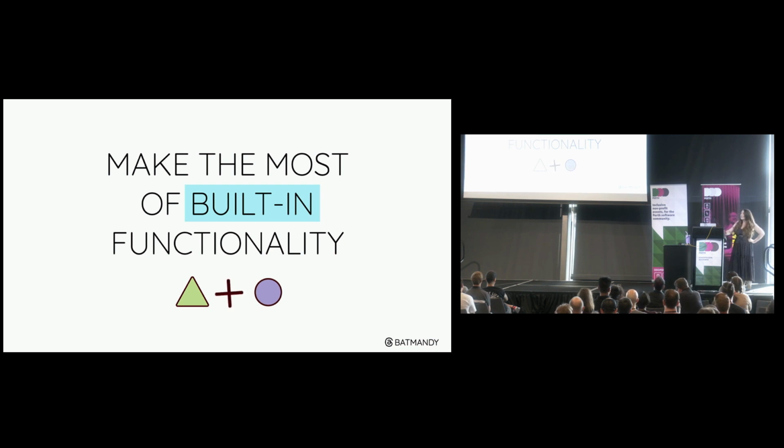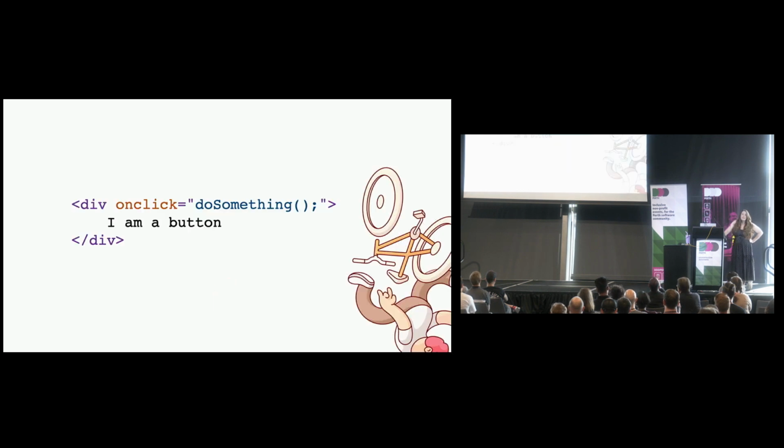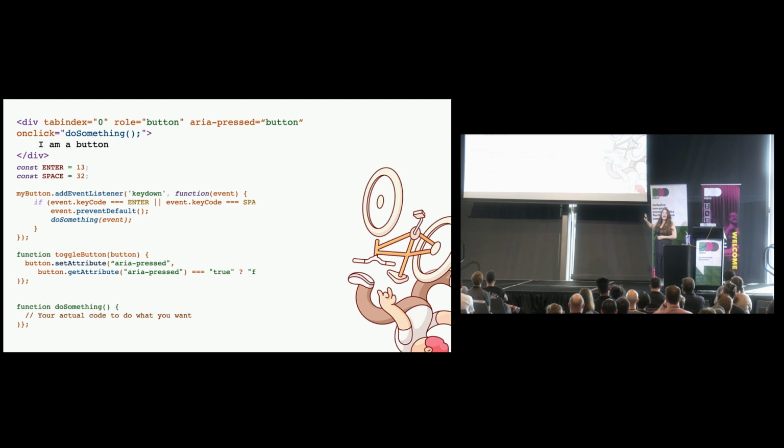A really common issue with this is links and buttons. Now, again, I know this is basic, but the amount of times I see people do this makes me think that maybe it's not. Maybe using a button is more complicated than I thought it was, and that's fine. To make this accessible and to replicate all of the functions that a button needs, you have to write at least this.